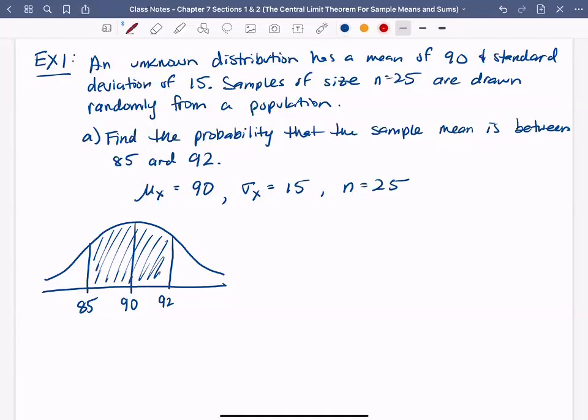So let's say that this is our x1 here. It's going to be x2. Okay, so that means our first z-score is going to be x bar sub 1 minus mu sub x, divided by the standard deviation sub x divided by the square root of n.